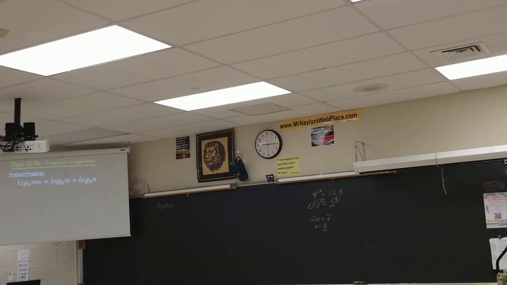Here's what we commonly call the product property. Obviously, jot it down, but I'd like to help you understand what it's really saying. So we have the log base b of mn, and that actually equals the log of m plus the log of n.